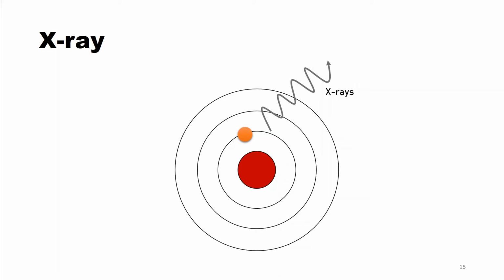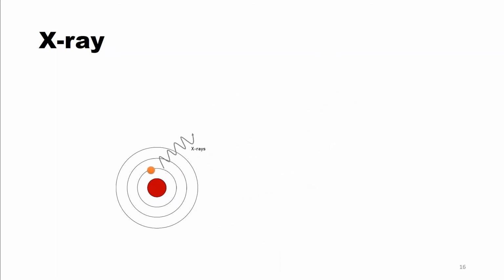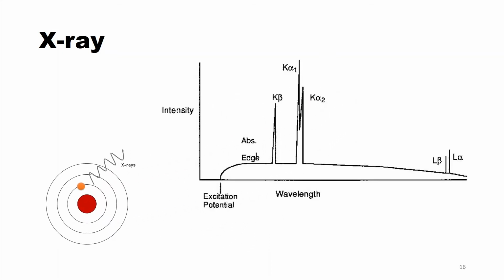The energy difference is released in the form of X-rays which can be detected. What we finally get is a characteristic spectrum that contains information about the chemical identity of our sample. Besides the characteristic X-rays, we also capture the so-called Bremsstrahlung. That is radiation which is produced from deceleration of charged particles in any material.